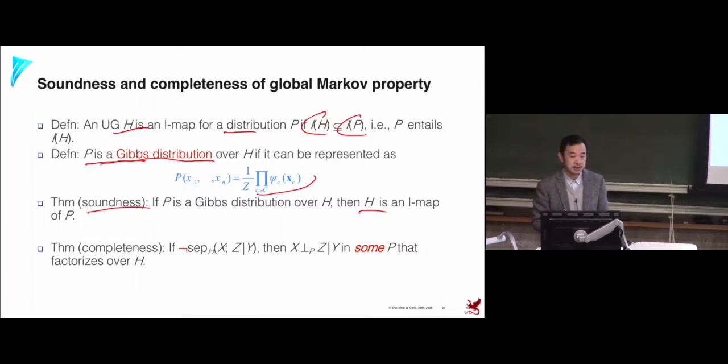At least you are not going to get independencies in H that are not honored in P. So this is soundness. That basically allows you to now go from H to a distribution very easily without putting up all the tests on H to extract or encode independencies.